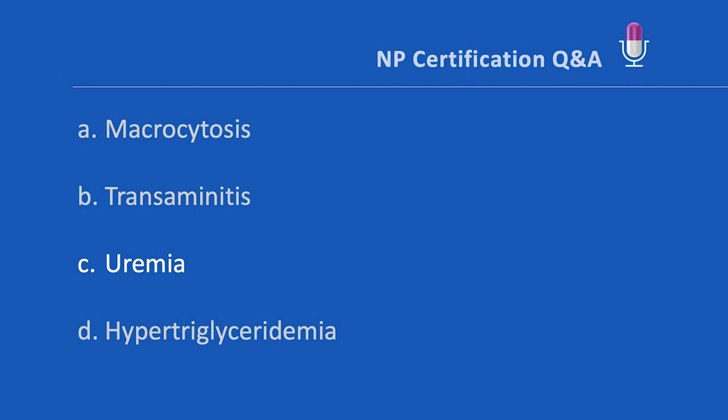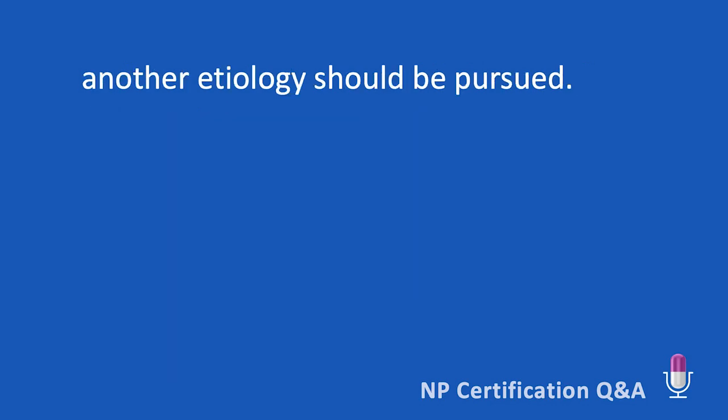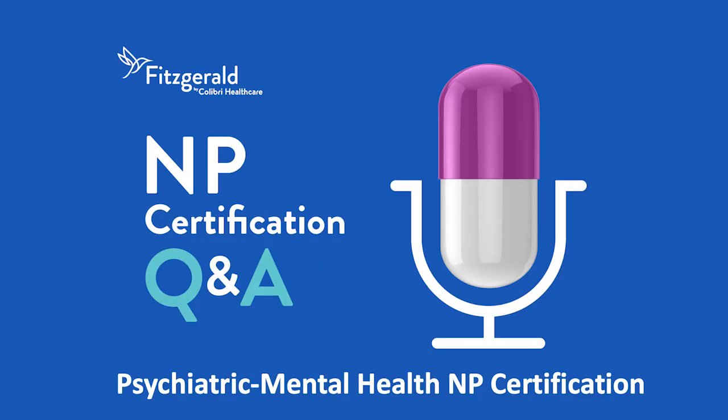None of them are specific for it. But uremia really isn't related to alcohol use. In the patient with alcohol use disorder, if they are uremic, you as the clinician definitely need to pursue other etiologies there.